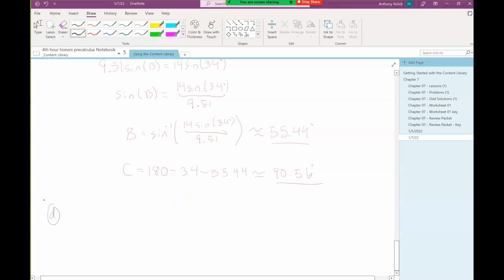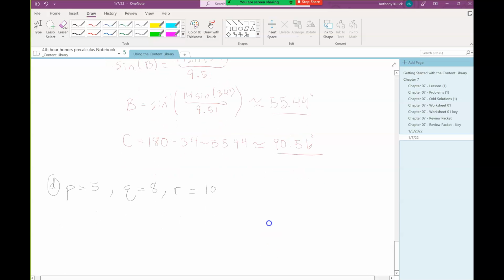The last example today. So let's say we have a triangle with side lengths 5, 8, and 10.